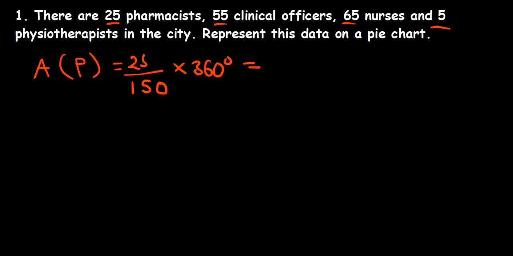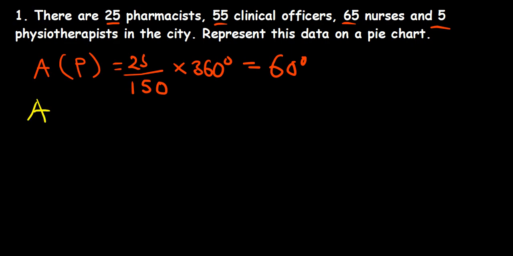So you just get your calculator: 25 divided by 150, multiplied by 360 degrees. I'm getting 60 degrees to represent the pharmacists. What about the clinical officers?